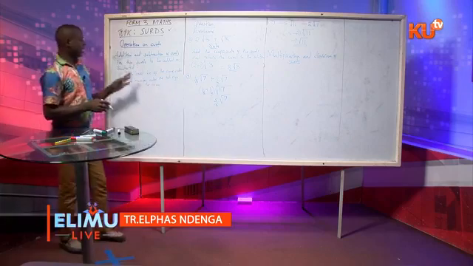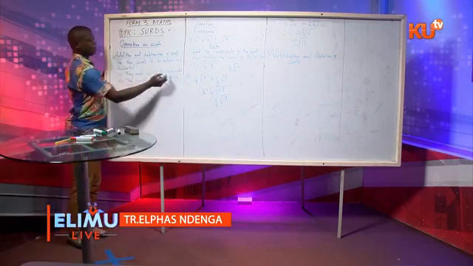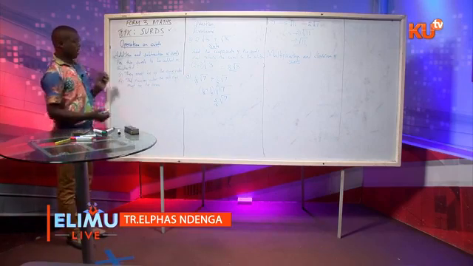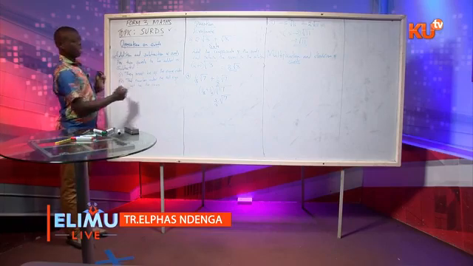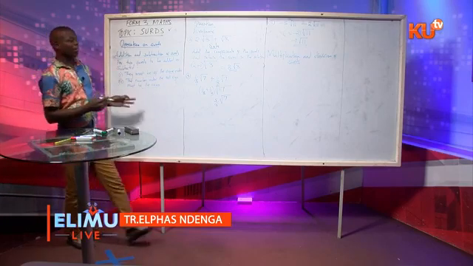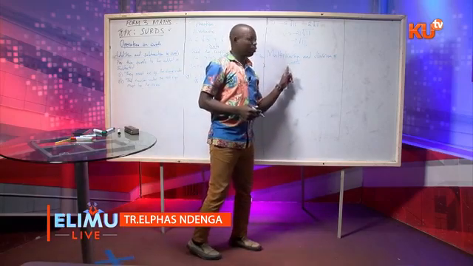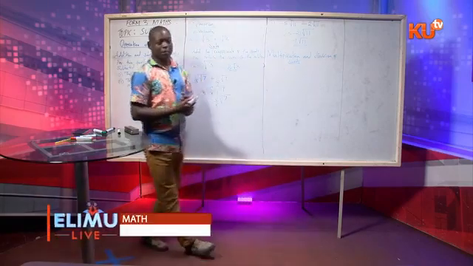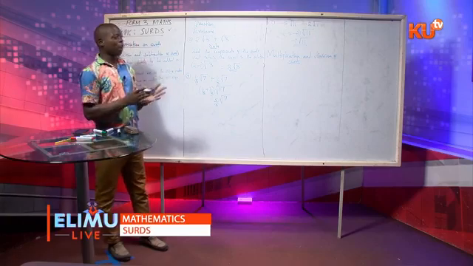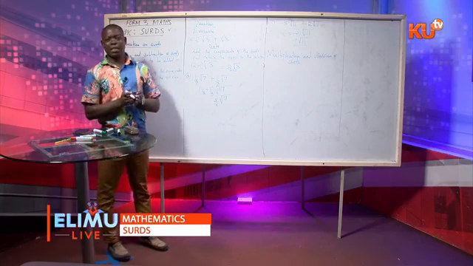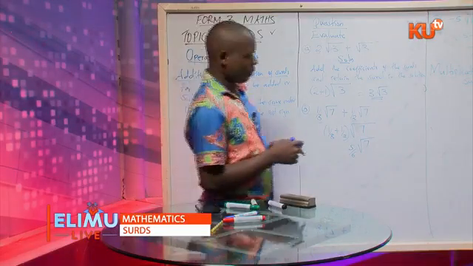Now, unlike in addition, where we are saying they must be of the same order, and the number under the root sign must be the same, this principle does not apply in totality to multiplication and division. So when you want to multiply or divide surds, what must you consider?